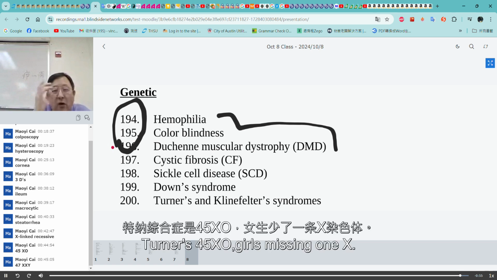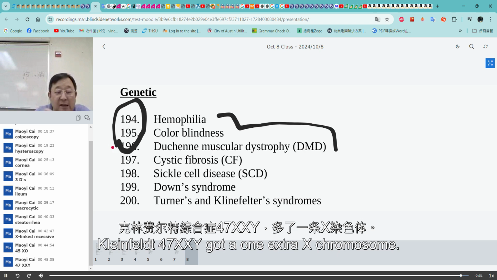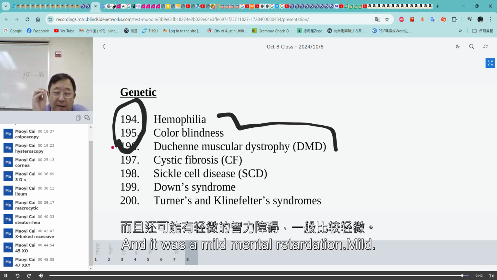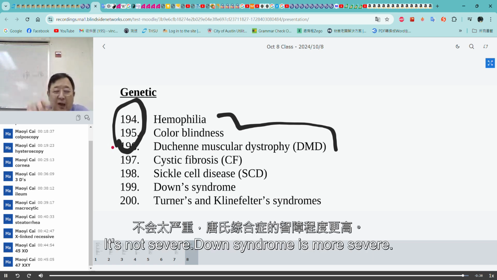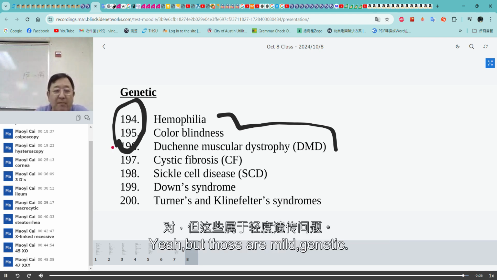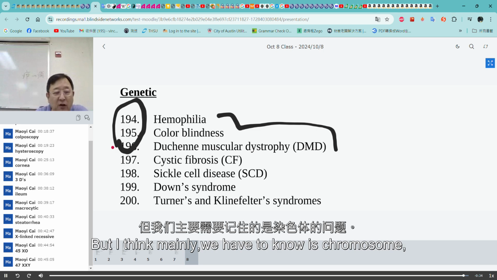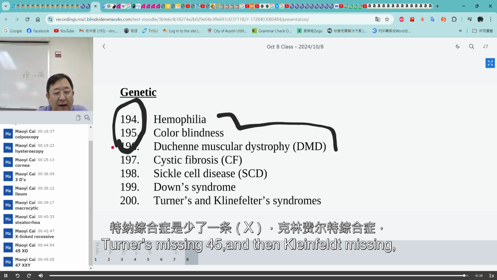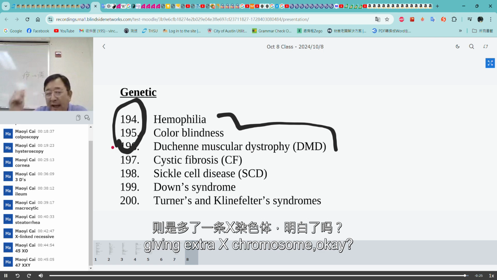Both of those are sterile because their sex glands are not well developed. And there is mild mental retardation, mild. It's not severe. Down syndrome is more severe. But those are mild genetic conditions. Mainly we have to know the chromosome, which one is missing. Turner's has 45, and Klinefelter's has an extra X chromosome.